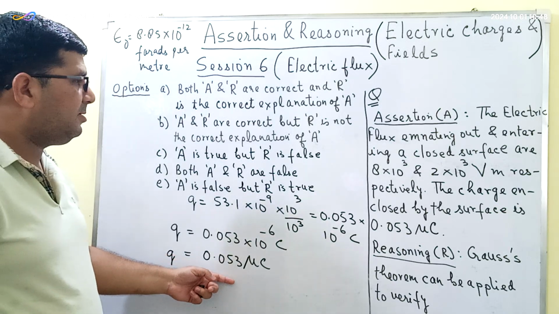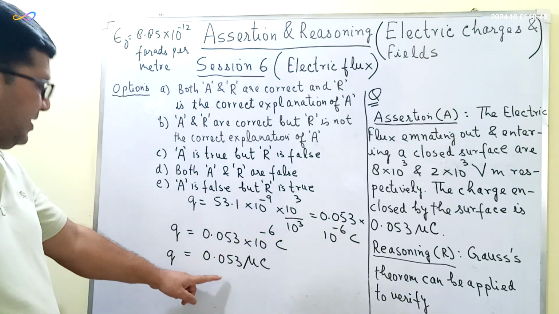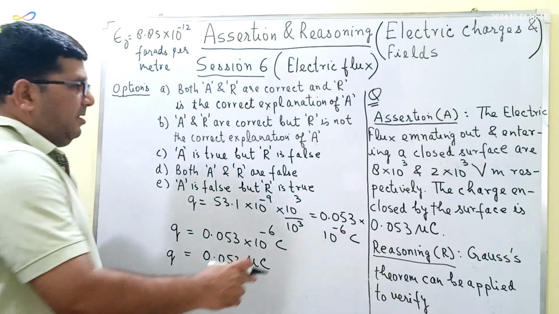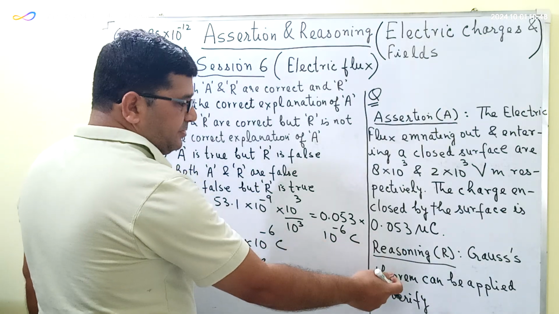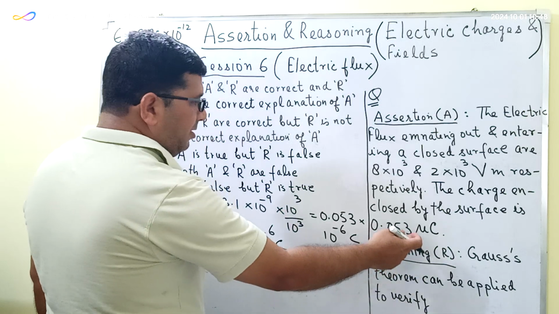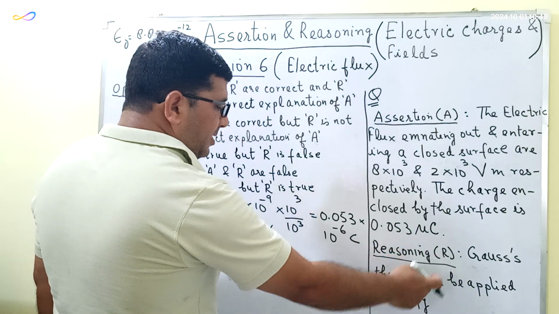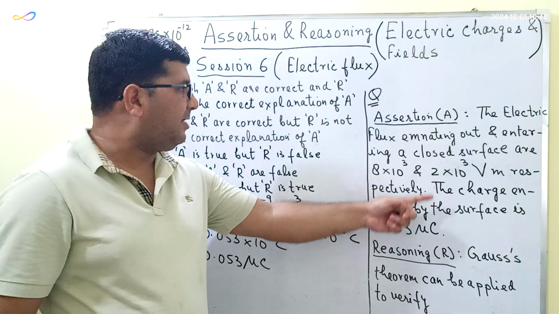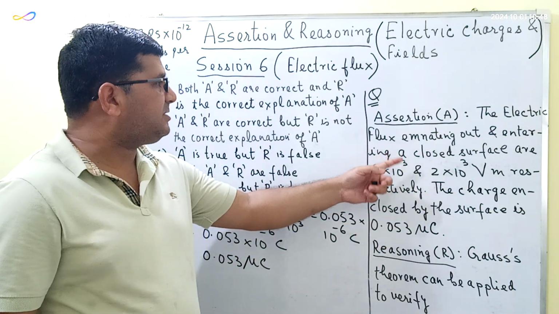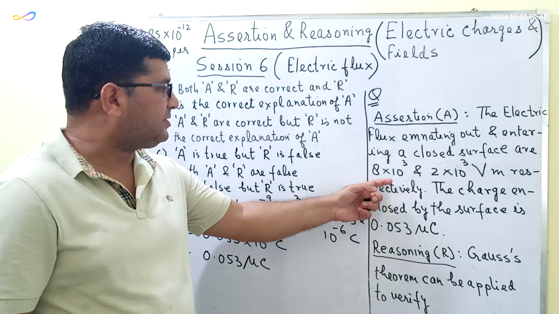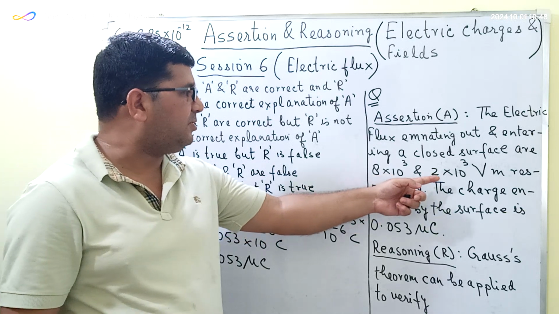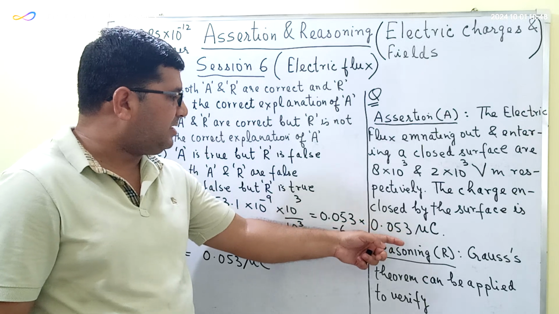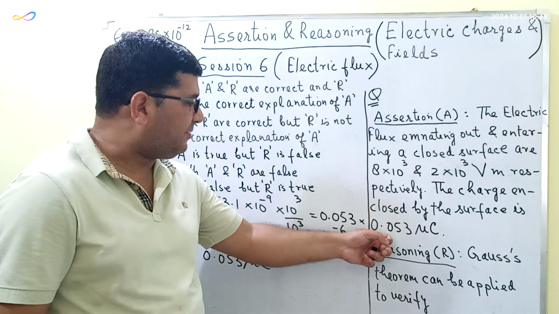So the charge enclosed by the closed surface is equal to 0.053 microcoulomb, and this reasoning is supporting the assertion, because here they have written that the flux which is emanating out and entering a closed surface is equal to 8 into 10 to the power 3 and 2 into 10 to the power 3 voltmeter respectively, and the charge enclosed by this closed surface is 0.053.